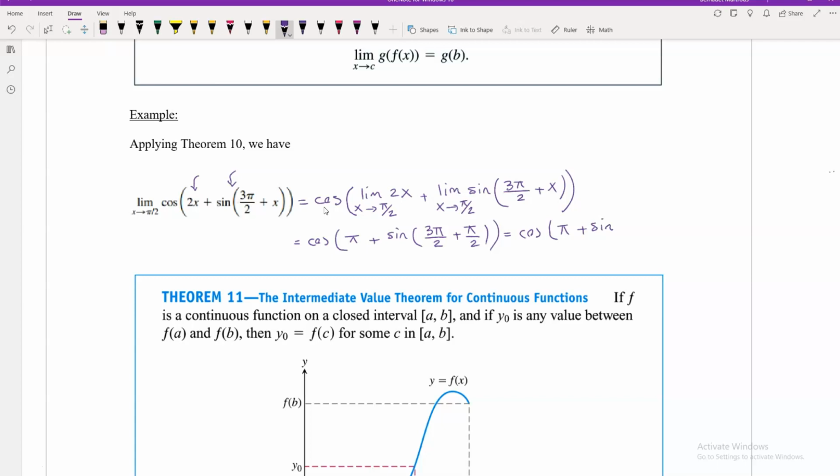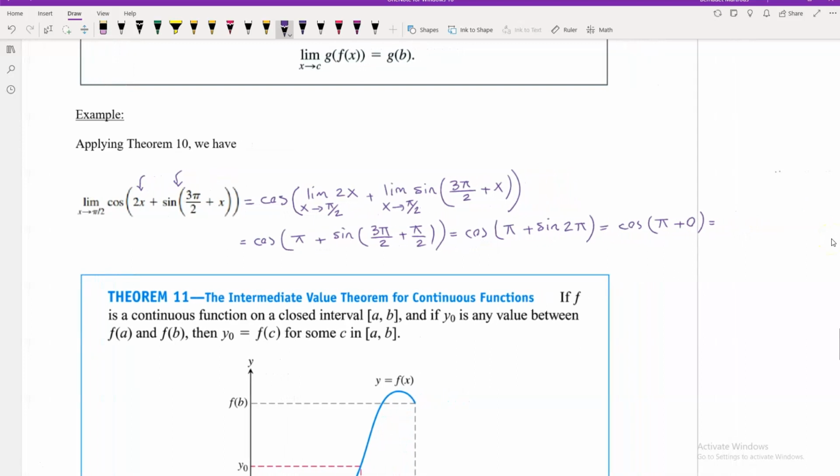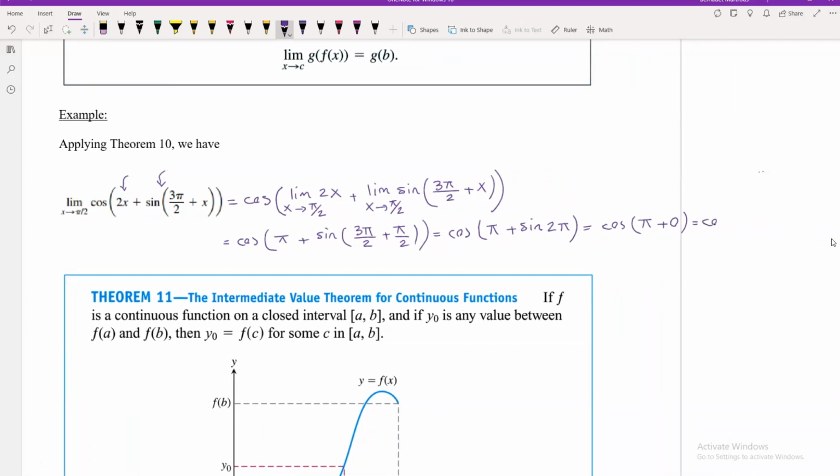We have 4 pi divided by 2, and that is 2 pi. Sine 2 pi is 0. So our final answer is based on cosine pi, and cosine pi is equal to -1. So this is the final answer for this part.